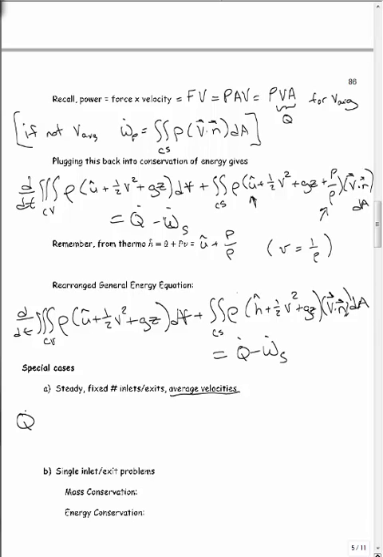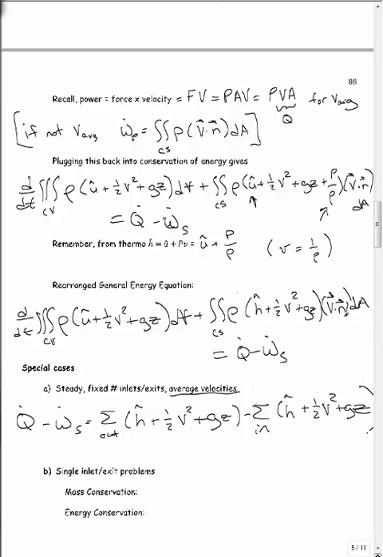So what we end up with is q dot minus w dot s equals the sum over the outlets of our enthalpy plus 1/2 v squared plus gz, minus our inlets, the same thing, enthalpy plus 1/2 v squared plus gz. Remember, that was our control volume equation from thermo. Okay, and again, the difference between thermo and fluids is now we're not going to have many differences in u because our temperature is not going to be changing a lot.